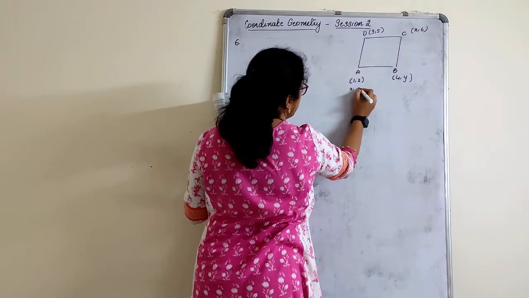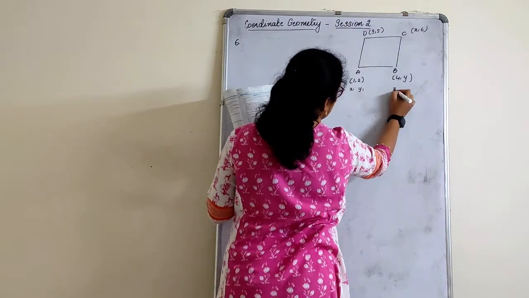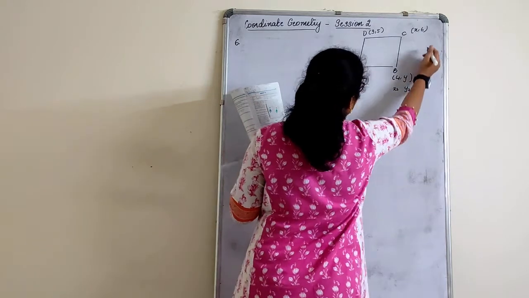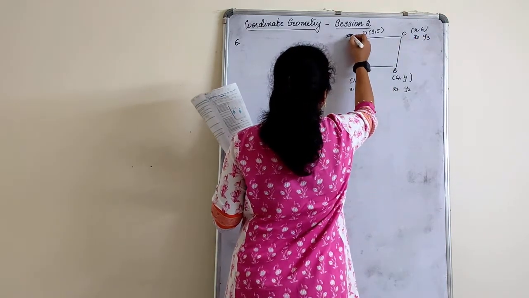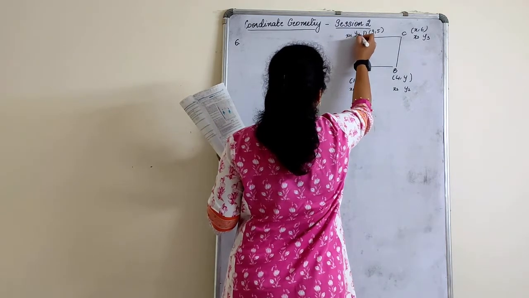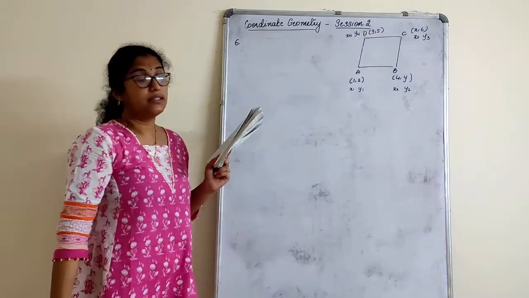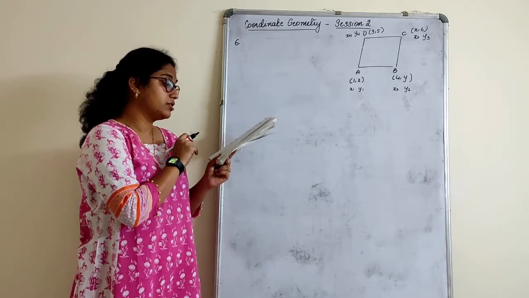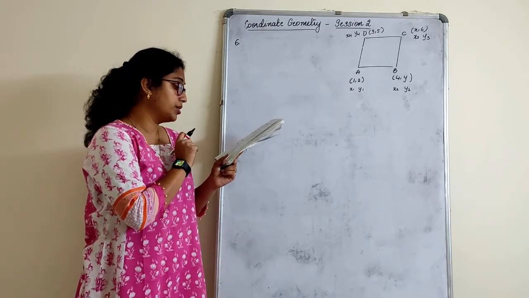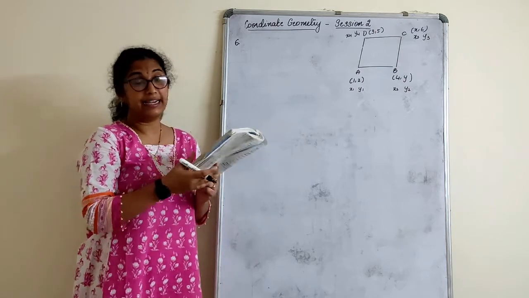So this is x1, y1, x2, y2, x3, y3, x4, y4. Right? So if the given vertices are the vertices of a parallelogram taken in order, find x and y.